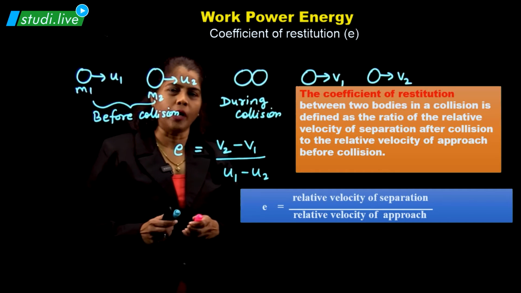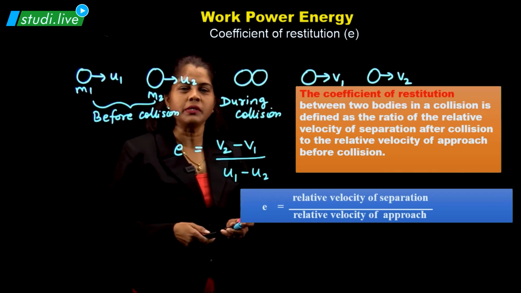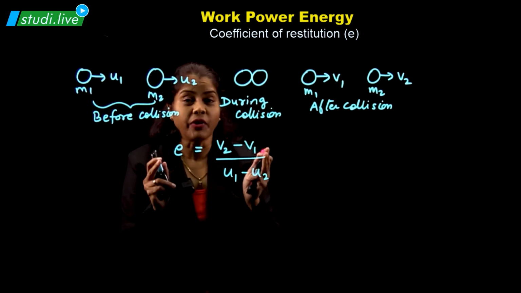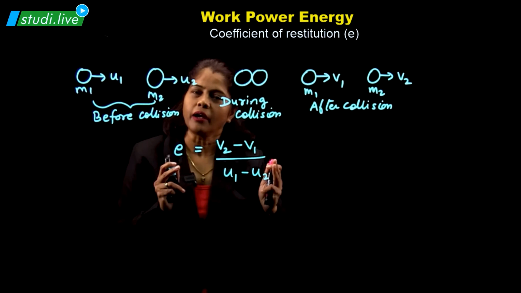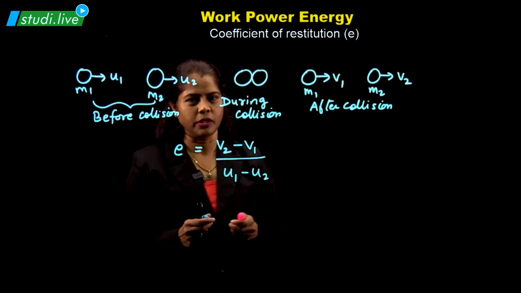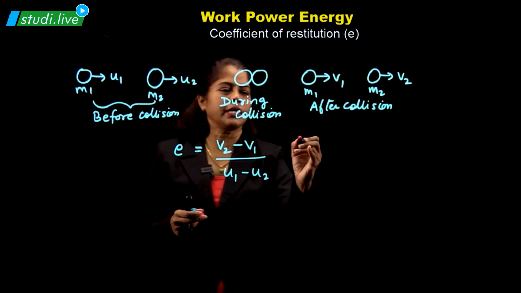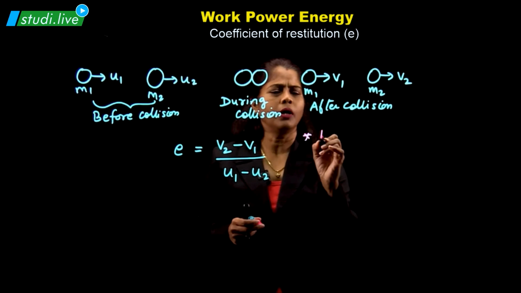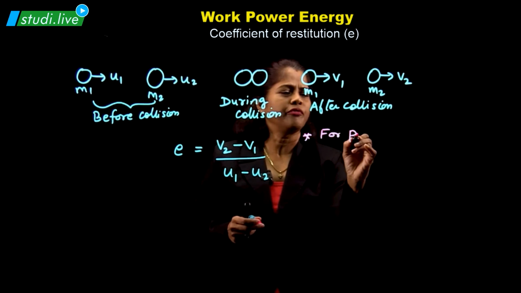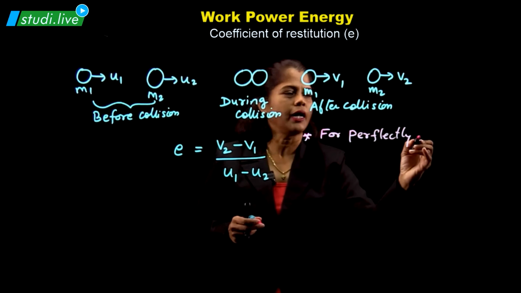Now let us talk about the next part: what happens when it is a perfectly elastic collision, an inelastic collision and a perfectly inelastic collision. So we have three cases. The first case is perfectly elastic collision.